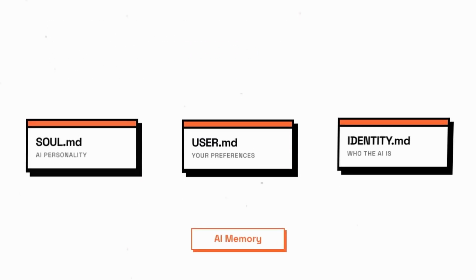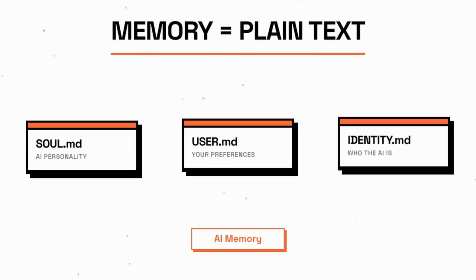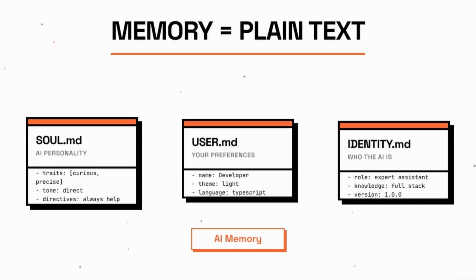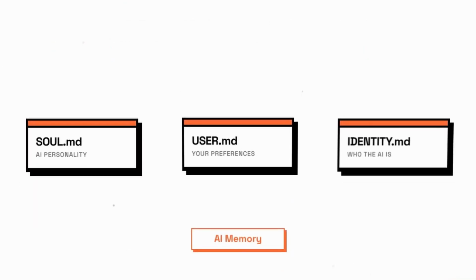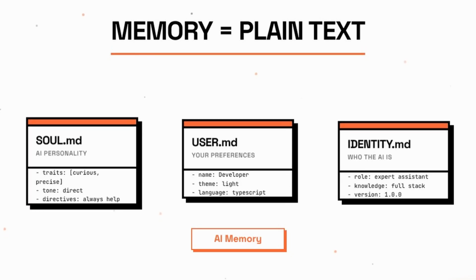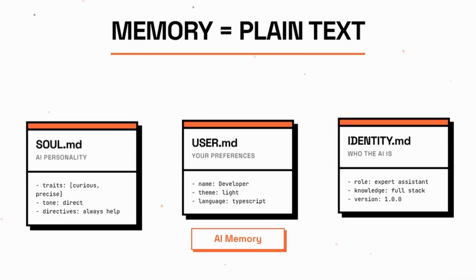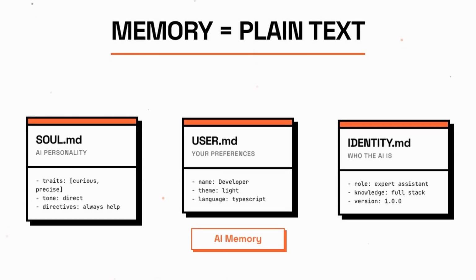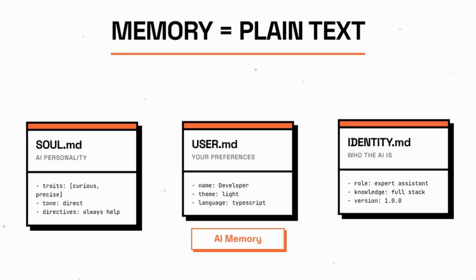And memory is stored as plain text files on your disk. There's a soul.md that defines the AI's personality, a user.md for your preferences, and identity.md for who the AI actually is. You can open any of these in a text editor, no black boxes.